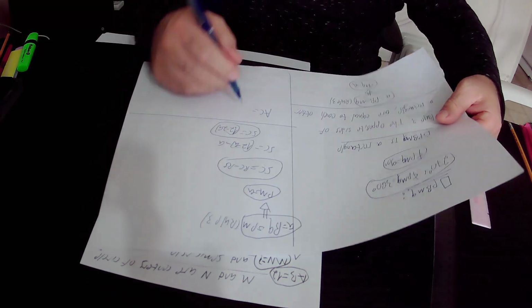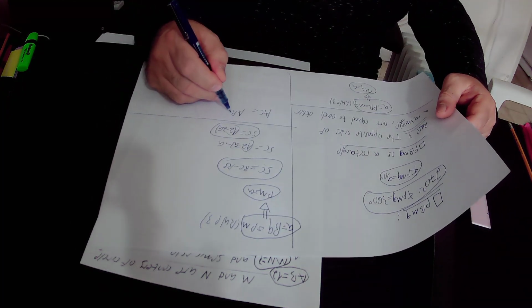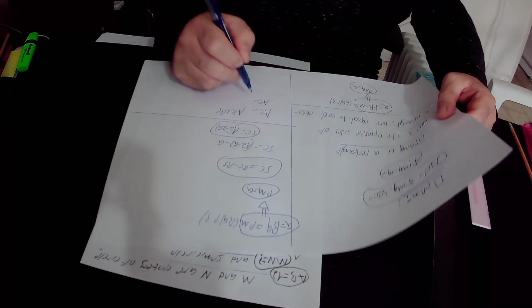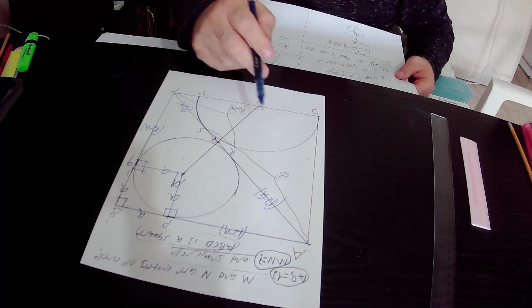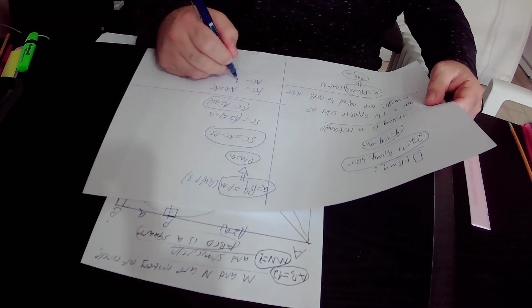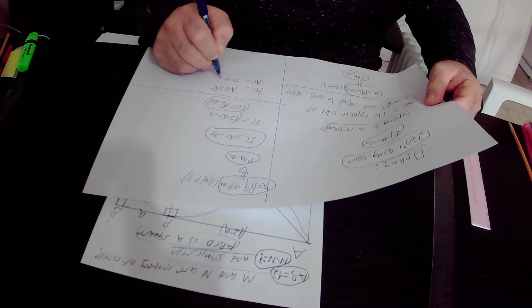Okay, So AC equals AR, we have already found out that AR equals 12 minus A, plus RC.